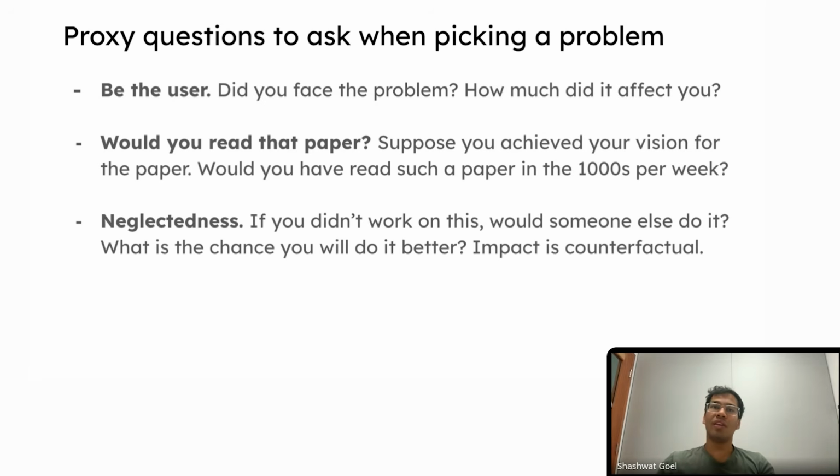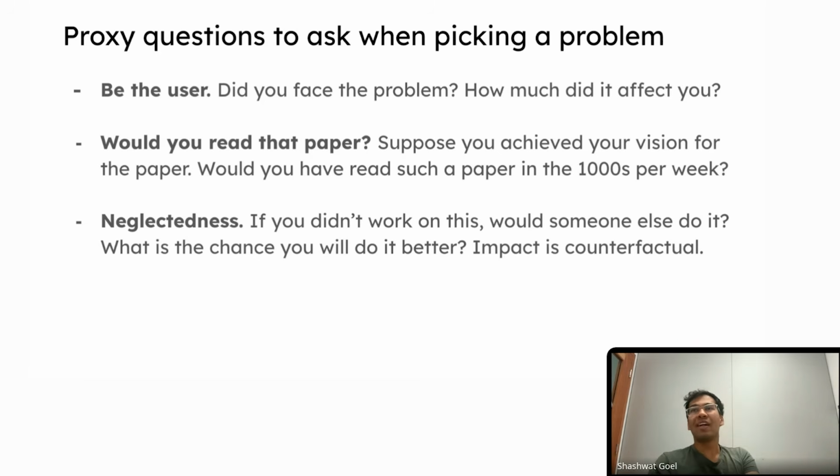And the other thing that I think Paras brought up is that impact is always counterfactual. So don't make the mistake. When I say maximize impact, I always work under the assumption that it's not about trying to solve the most popular problems, especially if thousands of people are already trying to solve that problem.